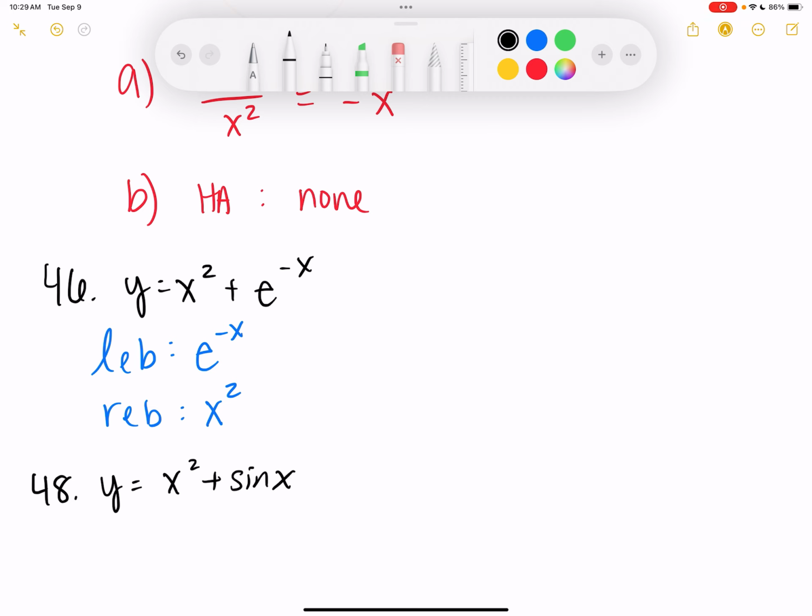Zoom 6. I'm going to see what happens if I do zoom trig. Not really anything.